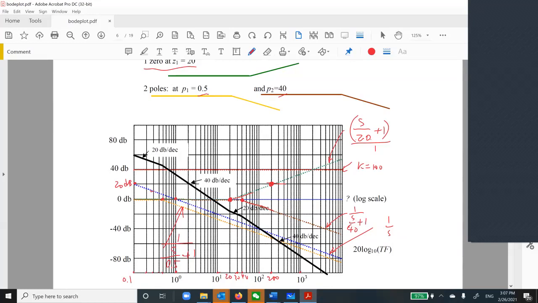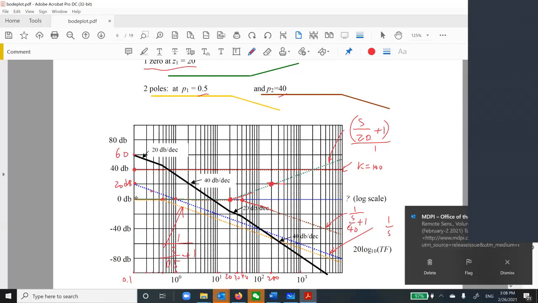Okay, so all these dotted lines we need to add together so we can sweep from low to high to see what's going on. So at this point, you can see you have a 40, you have 20, you have 0. All three added together will be 40 plus 20 is 60.